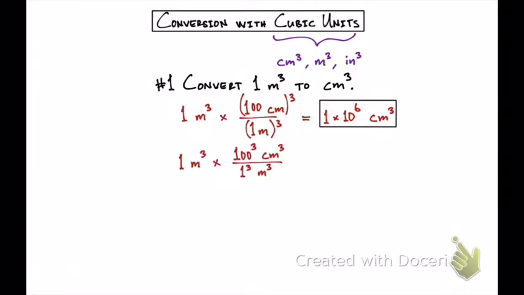So when you look at this, you can rewrite this in a simpler form right here. Again, we're raising 100 to the third power, not just the units, but also the numbers. And so when you plug this into the calculator, 1 times this number right here divided by 1, we get 1 million.